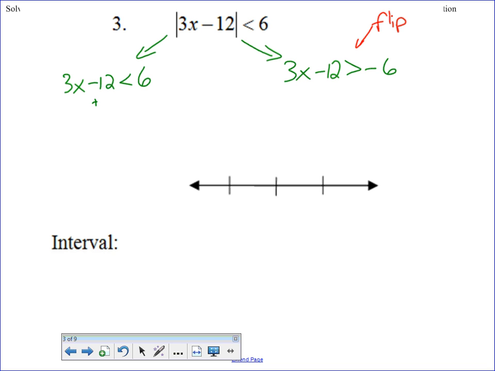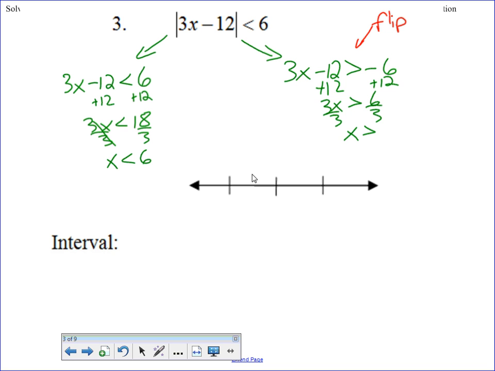And so now we're just going to add 12 to both sides, and I'll get 3x is less than 18. Divide both sides by 3, and I'll get x is less than 6. Over here, I'll add 12 to both sides, and I'll get 3x is greater than 6. Divide both sides by 3, and I'll get x is greater than 2.